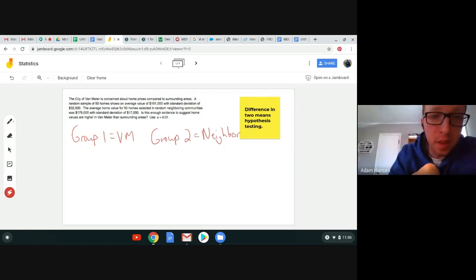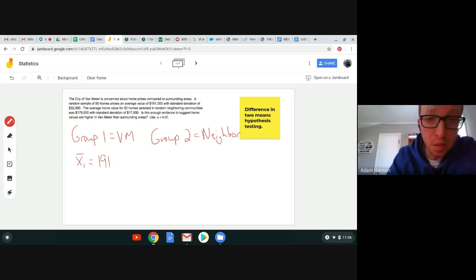We can see that in Van Meter, a sample of 50 homes has an average home value of $191,000 with a standard deviation of $32,000. So the sample mean for group 1 Van Meter was 191,000. I'm just going to call it 191 and measure everything in terms of thousands. The standard deviation in that sample of homes was 32,000.